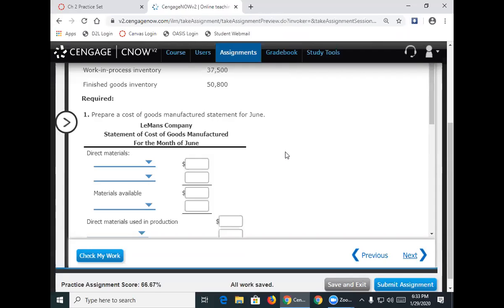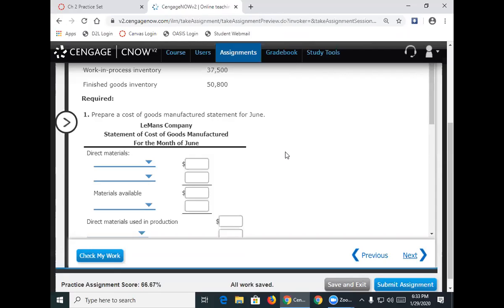And where does that cost go? Where does that flow into? What account? Finished goods. There you go. Okay, so that comes into here. Lots of numbers, right? And then we just do our balancing of our finished goods.